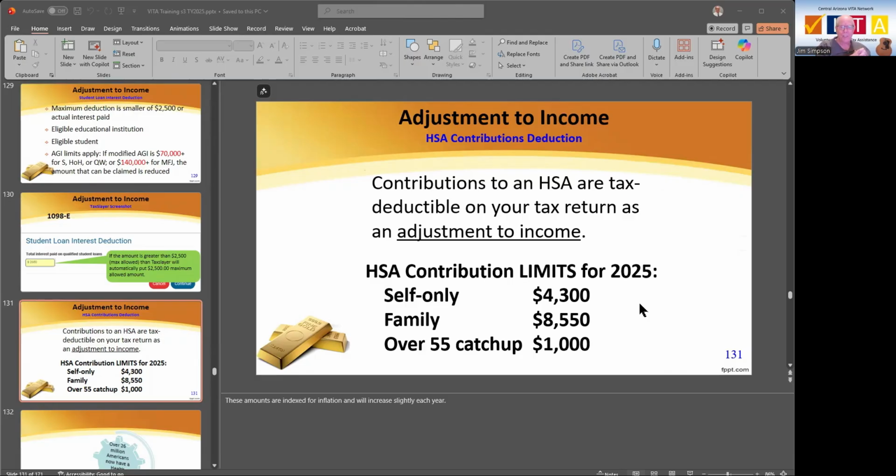And the purpose of this is it's a savings account. You can put money into the savings account, take a tax deduction, not pay taxes on it. And when it comes out, as long as it comes out for medical expenses, it's tax-free. Or also after you turn 65, I think, or maybe 59 and a half. So it also could serve as a retirement account.